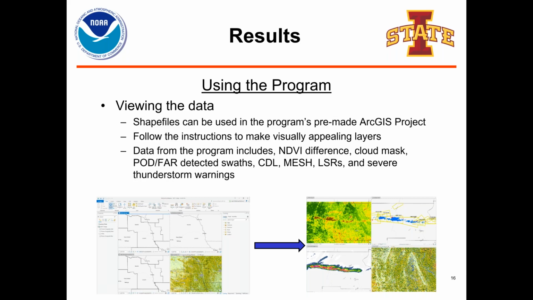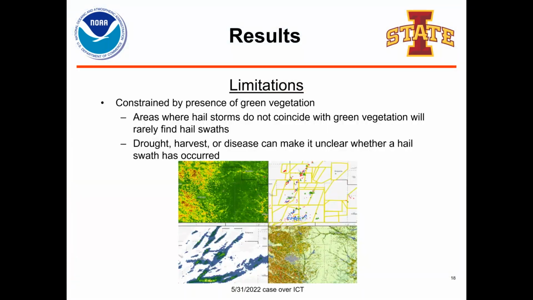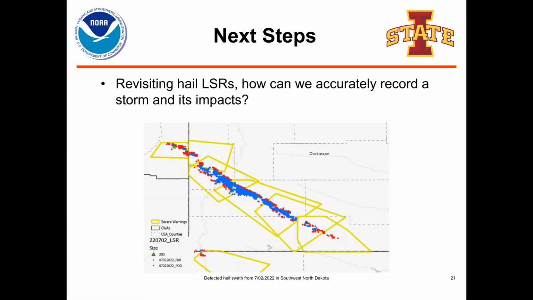Yes, right here, revisiting hail LSRs. So I see you got a lot of red and blue pixels there. How are we supposed to interpret that with the FAR? What's the FAR telling us, that there isn't a hail swath signature there, or really? I guess I'm not sure what to take away from that.